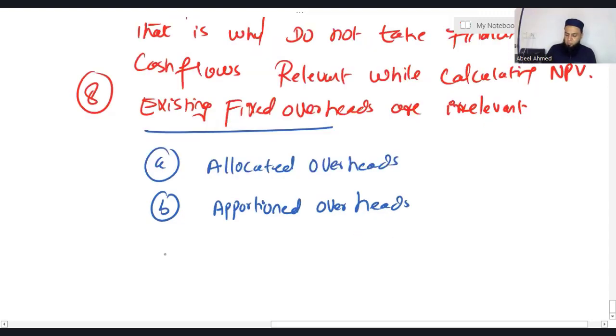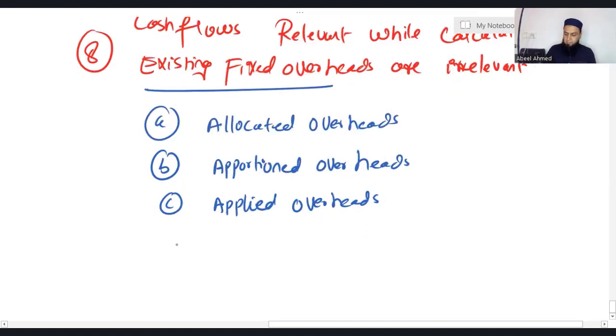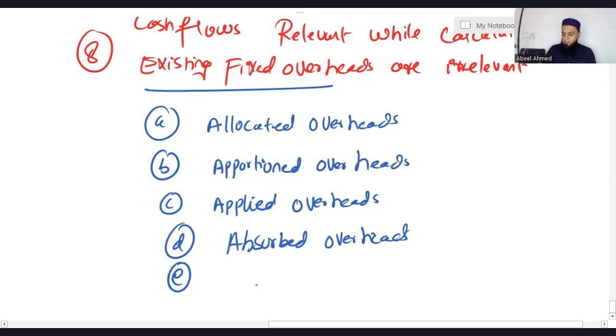Third, the examiner can use the words applied overheads. Okay. The examiner can use the words absorbed overheads. Even the examiner can use the words ABC allocation, activity-based costing allocation.